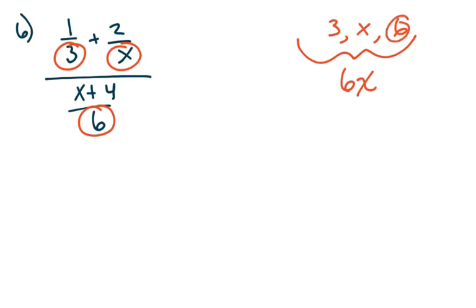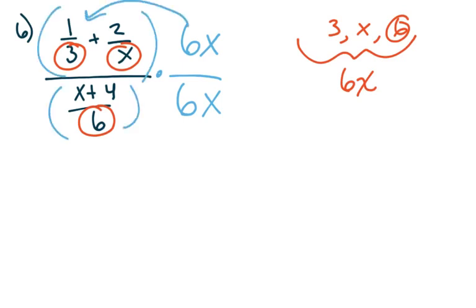So what you do is you find your common denominator and you multiply 6x over 6x, or common denominator over the common denominator, make it a factor of 1. Now, why is this important? Well, what you're doing is you're going to take this 6x and you're going to distribute to each of them.